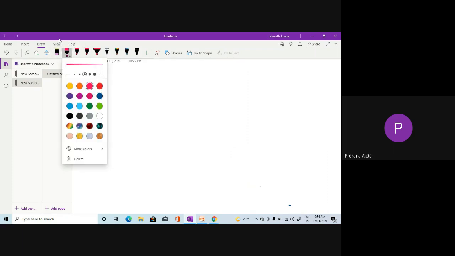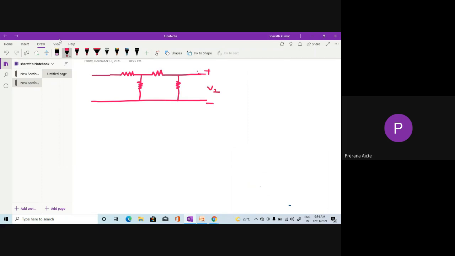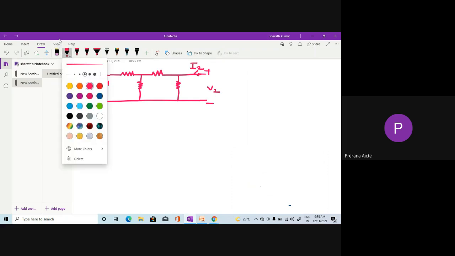So we have a circuit. Port 2 has V2 and I2, and port 1 has V1 and the current I1.